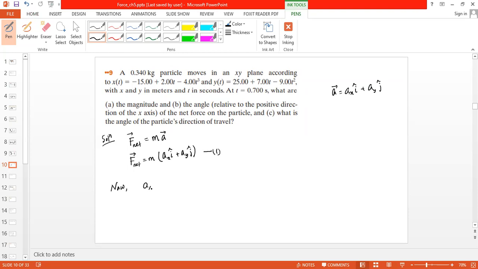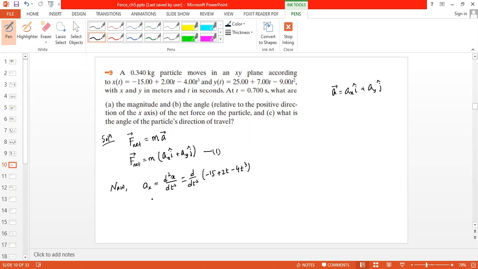ax means what? We know ax is equal to d square x over dt square. So my x is given here. This is d² over dt² of minus 15 plus 2t minus 4t cube, right?